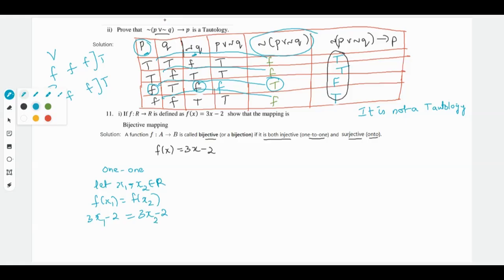What happens then? The minus 2 and minus 2 get cancelled. So we get 3x1 equals 3x2. The 3 and 3 cancel, we get x1 equals x2, which implies it is one-one. Then we need to find for onto. How to find for onto?